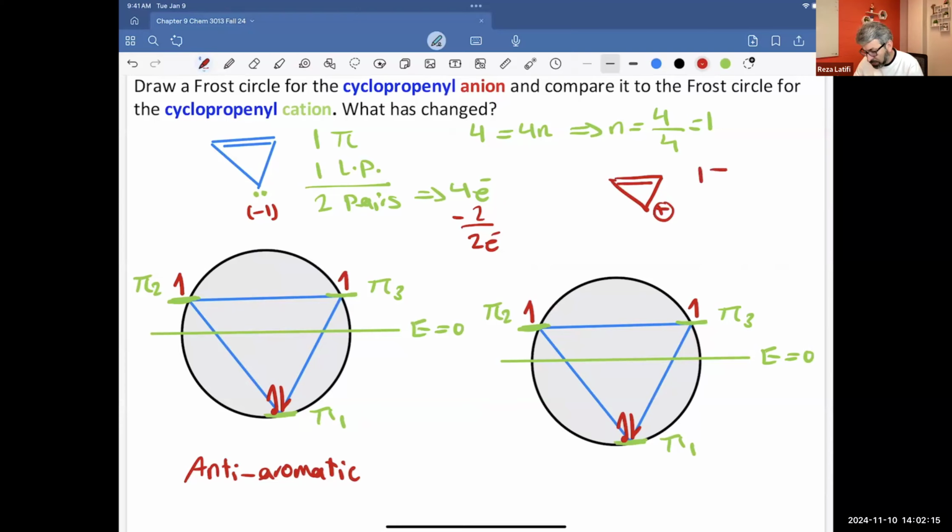So I have 1 pi bond and an empty orbital, so 0 lone pairs. That means I have 2 electrons, or 1 pair. And so this electron, that electron, will be gone.